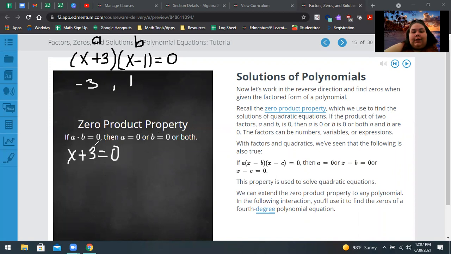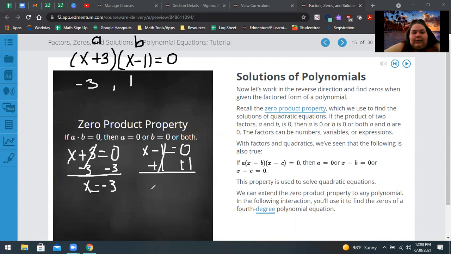Then isolate x by getting rid of the 3. The opposite of plus 3 is -3 on both sides. This cancels. You're left with x equals -3. Take the second factor, x minus 1 equals 0. You add 1 to both sides. This cancels. x equals 1.